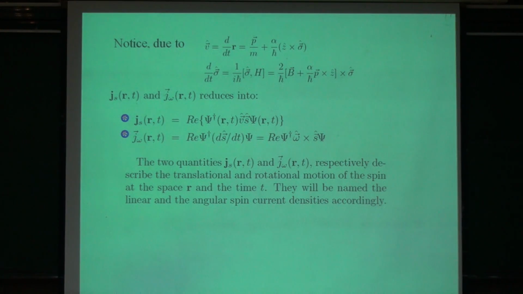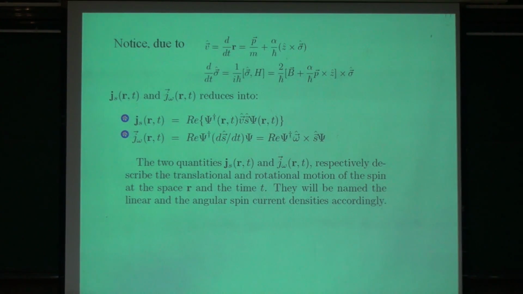Again, let's just use a physical picture. In the naive physical picture of spin motion, spin up is moving in one direction and spin down is moving in the opposite direction. Spin up is just a magnetic dipole, right? If you have a magnetic dipole in space, it will create a magnetic field.